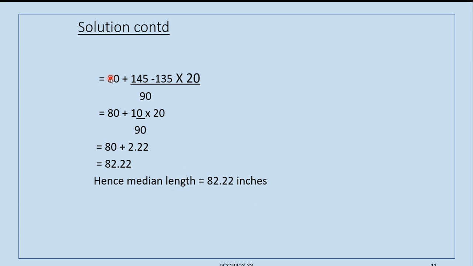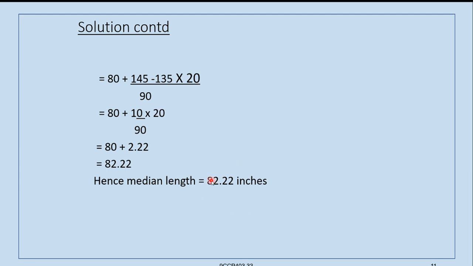So substituting these values, 80 plus 145 minus 135 into 20 divided by 90, that comes to 80 plus 10 by 90 into 20, or 80 plus 2.22, so the median length of the given problem is 82.22 inches.